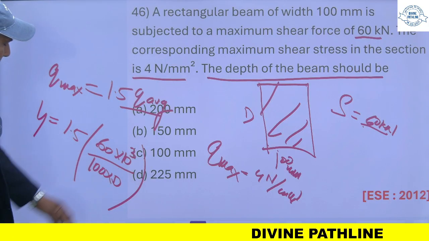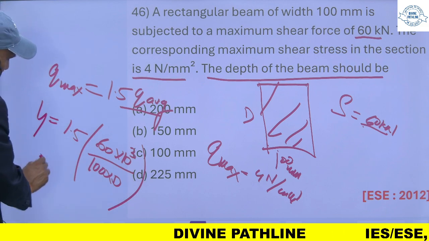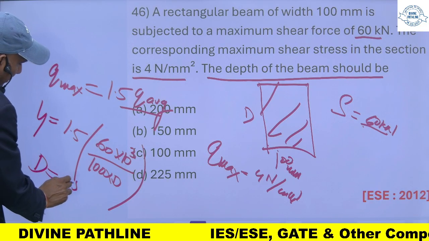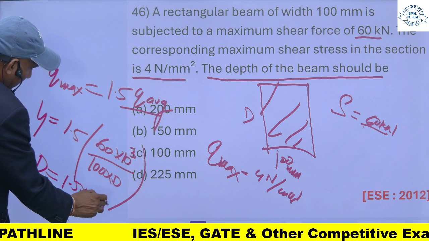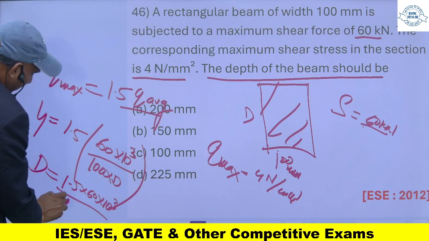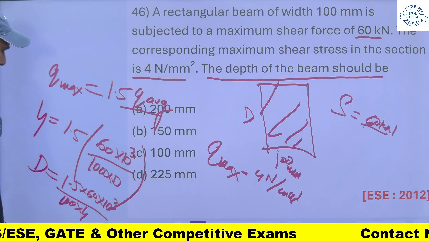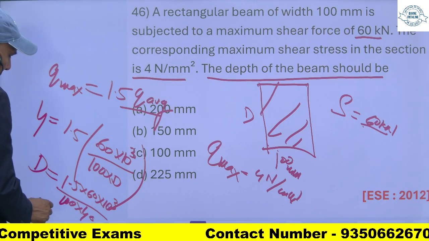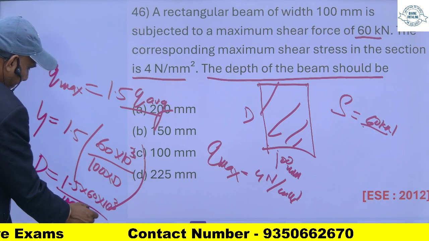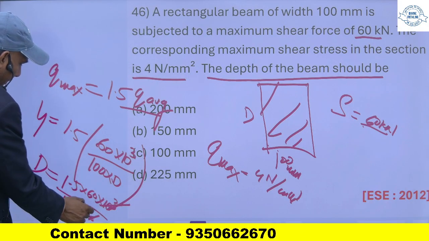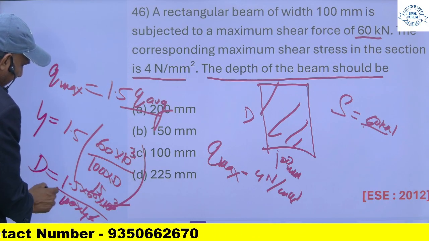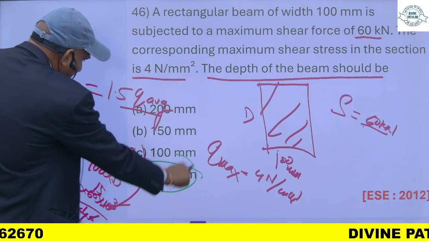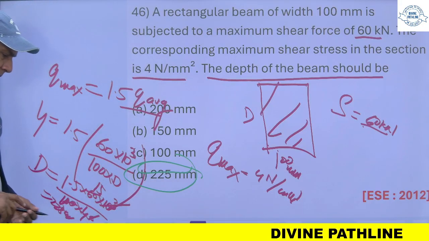So from here I can find D. 15 into 15 is 225 mm. So this 225 mm is the right option.